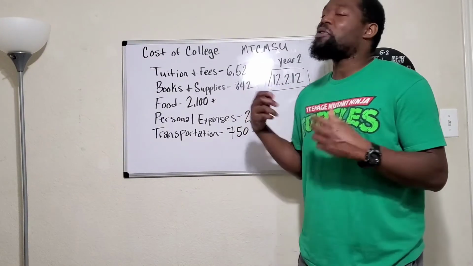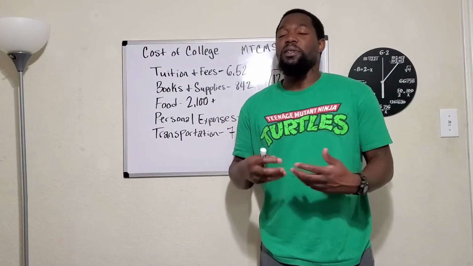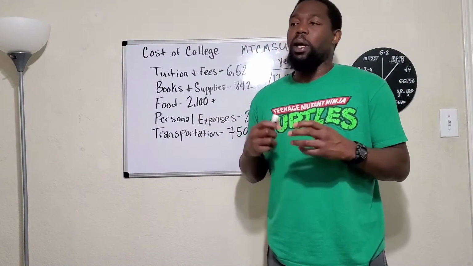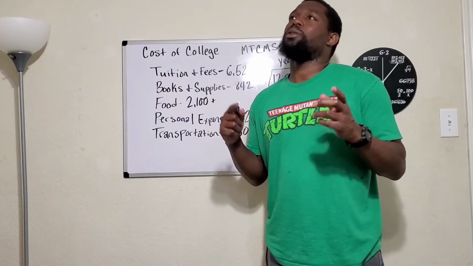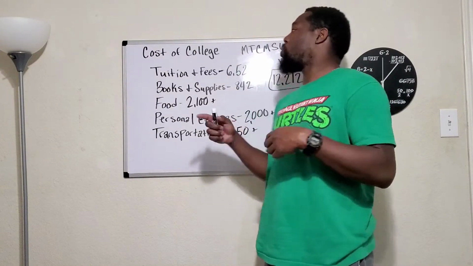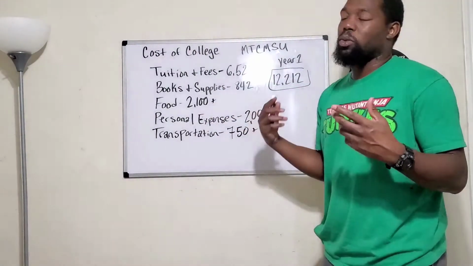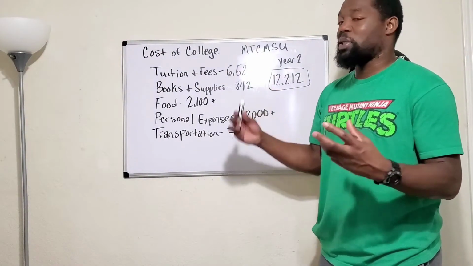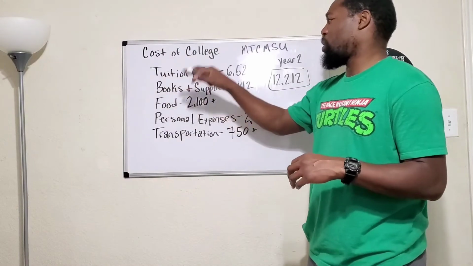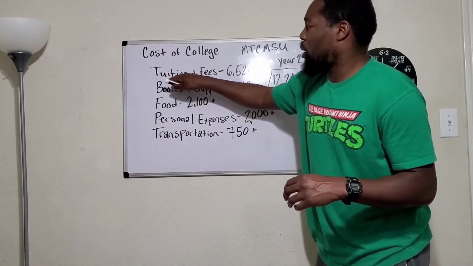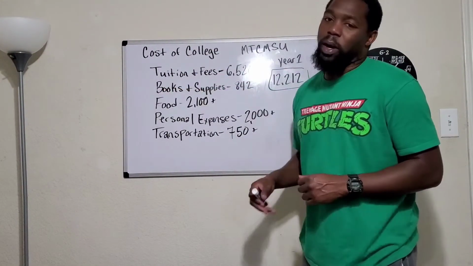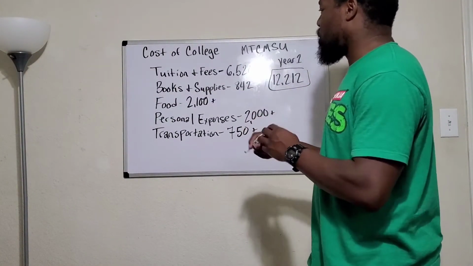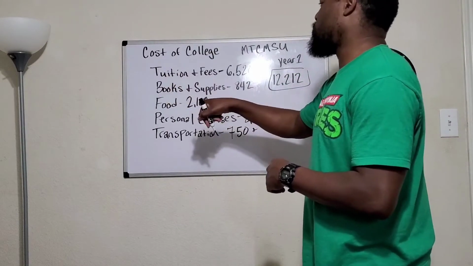One of the things that colleges also will tell you is how much the cost of college will actually rise. The way that they do that is by giving you a percent and telling you, well, typically this area will rise by this much percent. What I mean by that is, I'm going to use tuition.